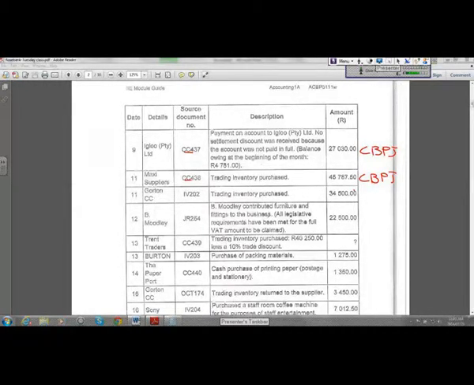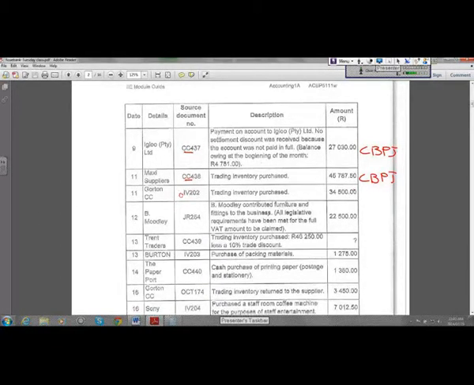In this instance, we are using a check to do our payments, but here we are using an invoice. So it means we are buying on credit. If we are buying on credit, we know very well that the transaction will be recorded in the Creditors Journal. That's what the invoice is telling us.